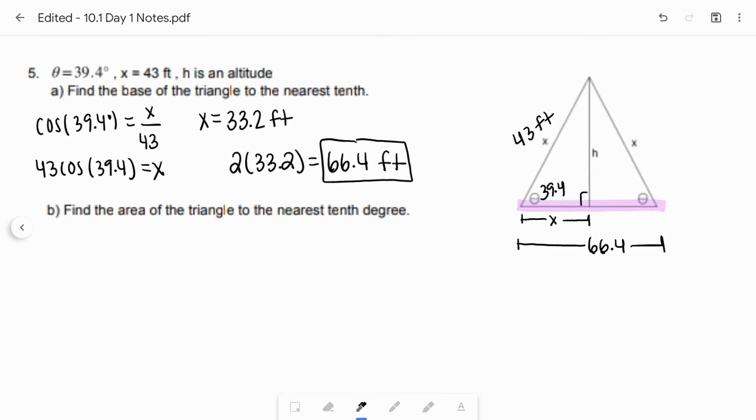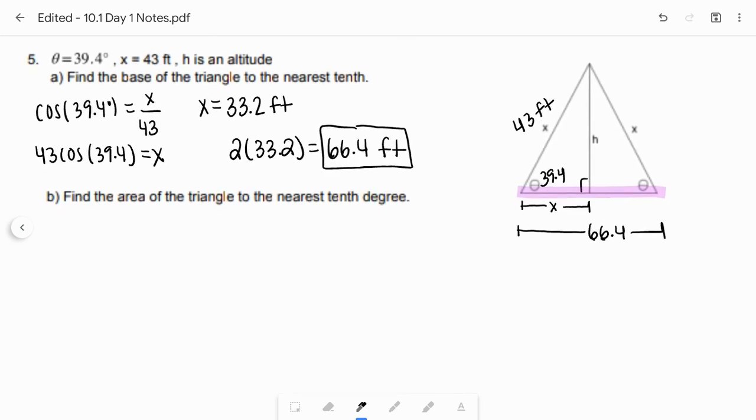Okay, in part B, we want to find the area of the triangle to the nearest tenth. So if we're looking at what is given to us, we have our angle and we have two sides, and it is in the order of side, angle, side. So we can use the area of a triangle formula that was on the front. So the area is equal to 1/2 side A times side B times sine of theta.